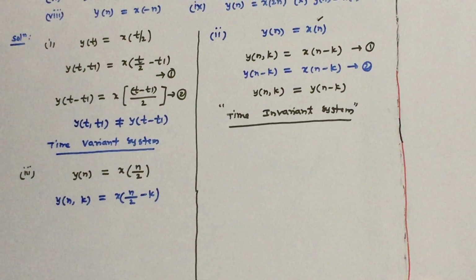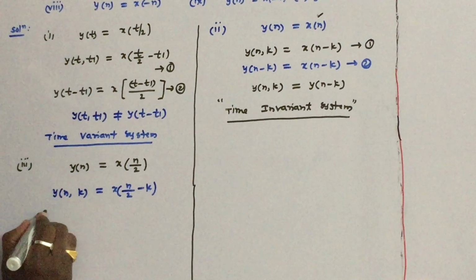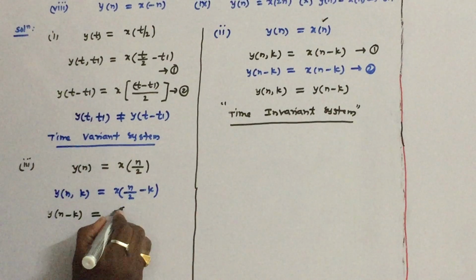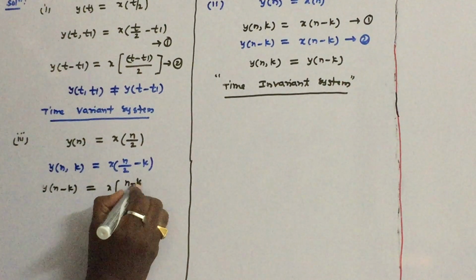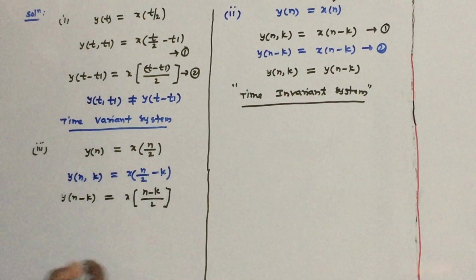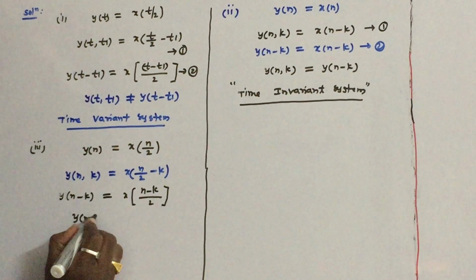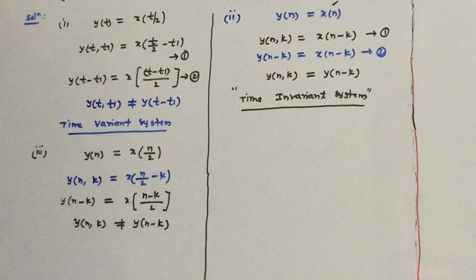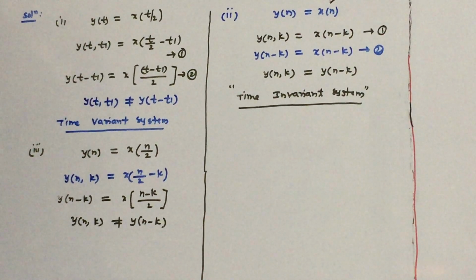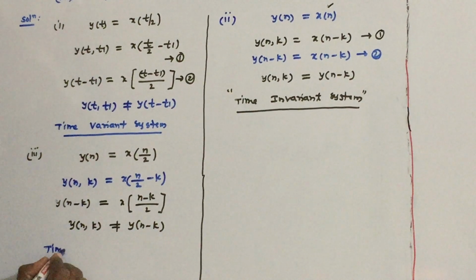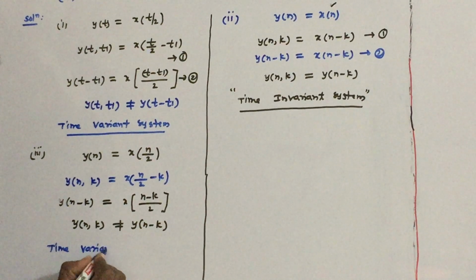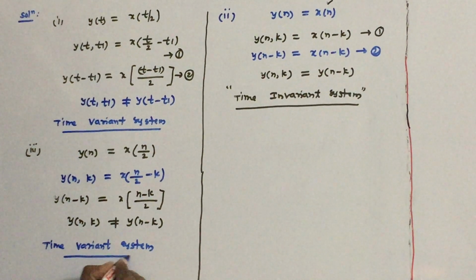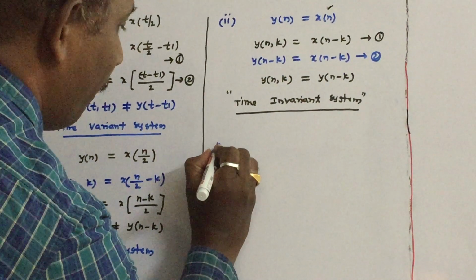Now let us shift the output by k samples, that is y of n minus k, which is equal to x of n minus k by 2. These two are not equal, so y of n comma k is not equal to y of n minus k. Therefore, this is a time variant system. So let us see the fourth one.